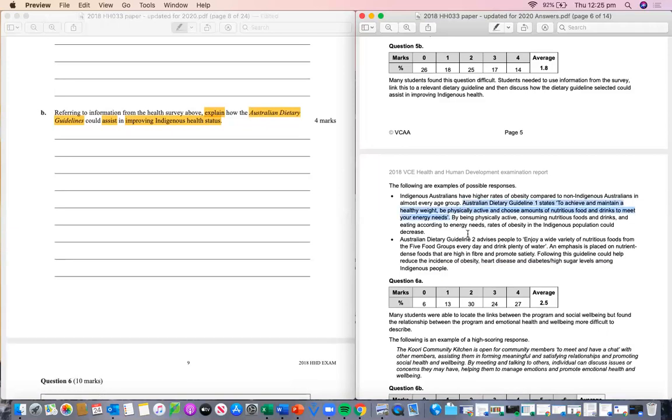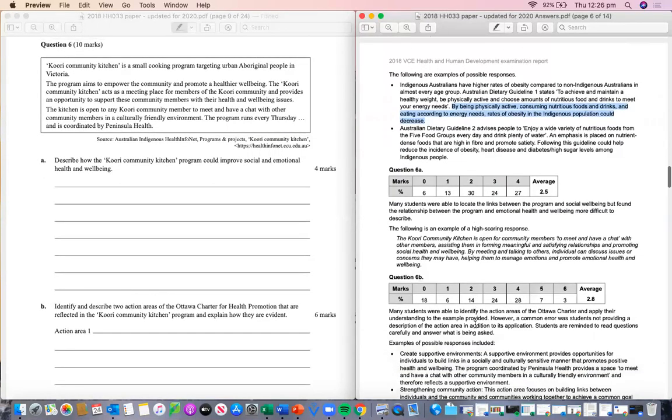Second mark: by being physically active, consuming nutritious food and drinks, and eating according to energy needs, rates of obesity in the Indigenous population could decrease, 3 and 4. So again, that linking statement: how can it improve health status? There's your 2 marks. Seems simple, but it actually works.